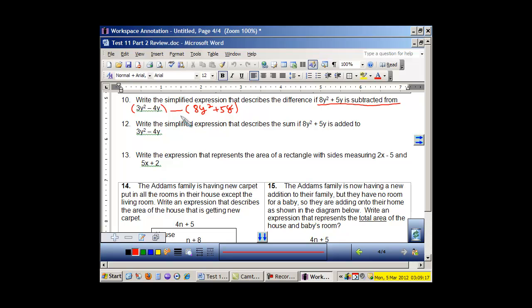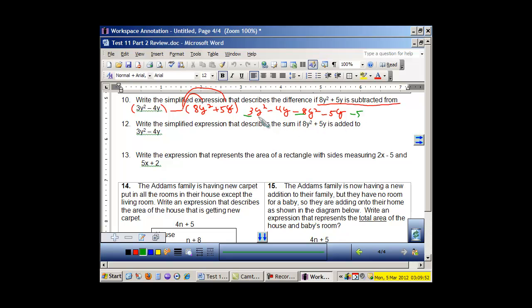So let's do it. So I have 3y squared minus 4y, and I'm distributing all of this stuff. So I have minus 8y squared minus 5y. And I just combine like terms. Well, 3 and negative 8, when I combine them, is a negative 5.